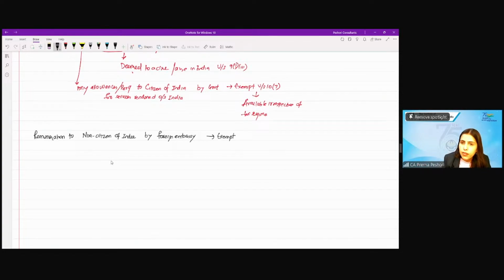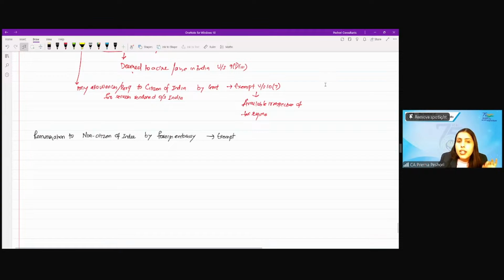Are we clear? The next one. If, for example, there is an Indian citizen who is the employee of, let's say, the US embassy, for him this remuneration will be taxable, will not be exempt, because this exemption is only for the people who are not citizens of India.